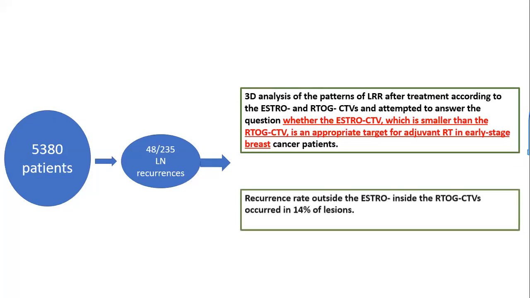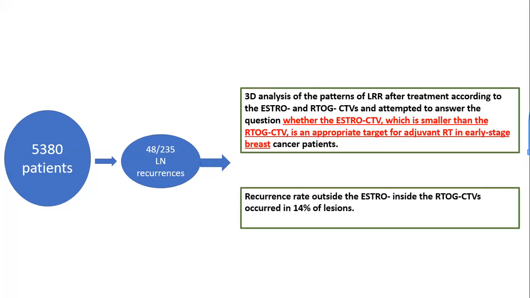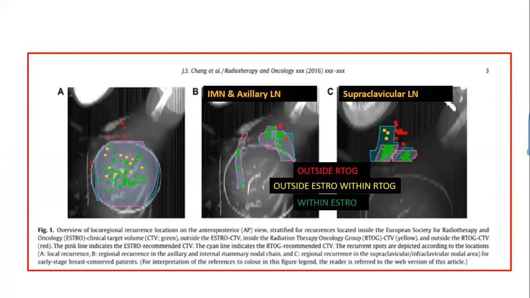What they have found is that the recurrence rate outside the ESTRO and inside the RTOG is 14%. However, this 14% is loco-regional. That means it included both the failure locally in the breast and even in the lymph node.